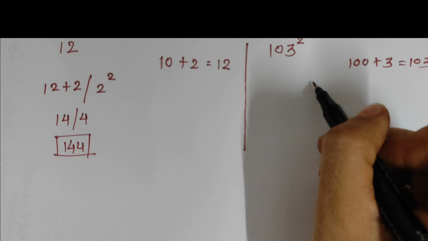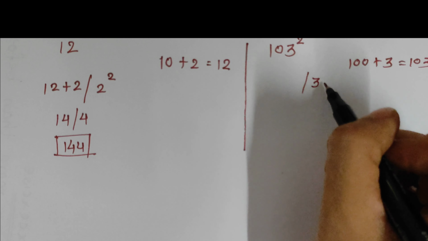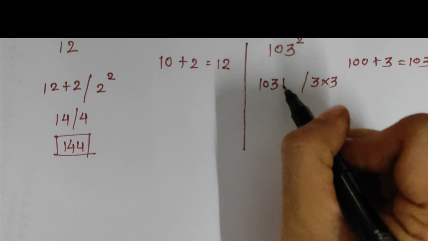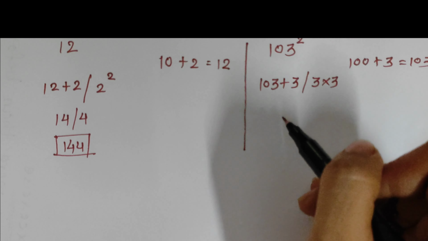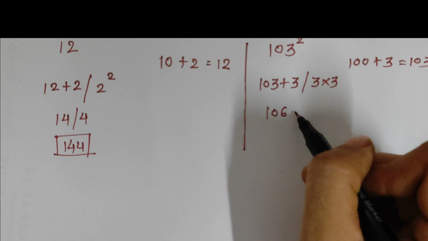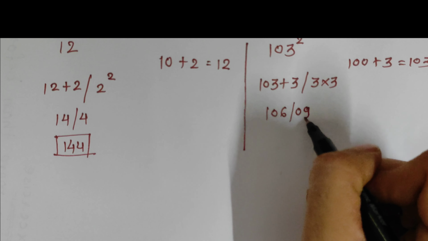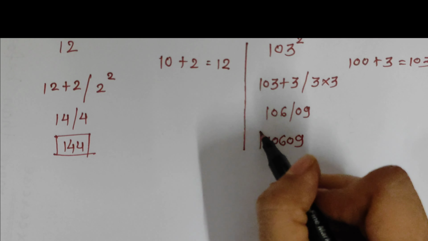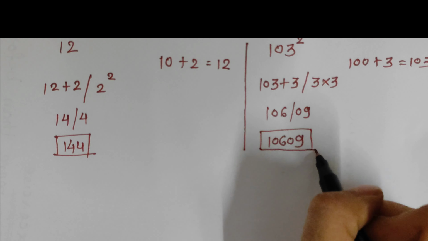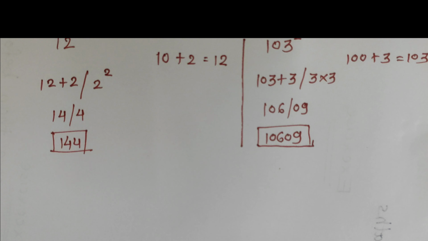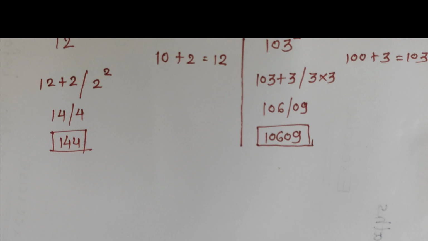So on the right side we do the multiplication of 3 with 3, and we add the deviation to the particular number, 103 plus 3 is 106, and 3 3 ja 9. So we find the square of 103 easily. You can also find squares easily by these two methods.